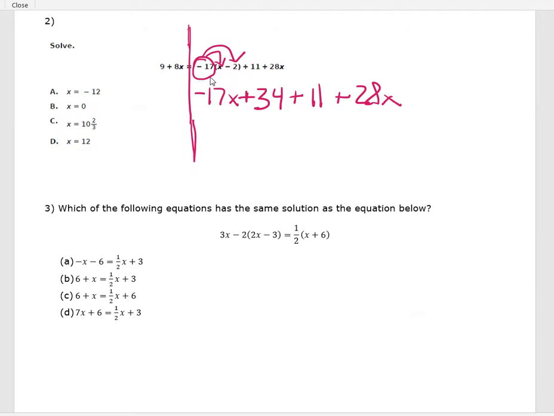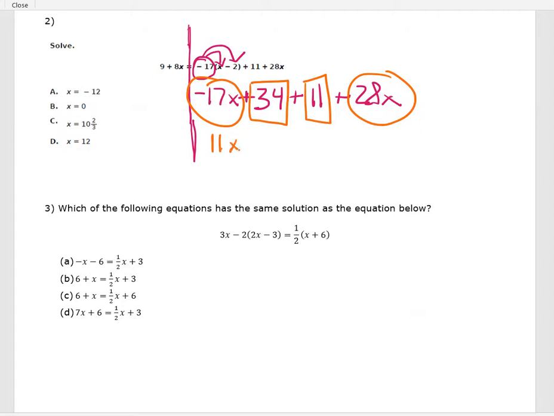I can combine my -17x and my 28x. And I can combine my 34 and my 11. So when I do -17x plus 28x, I should get 11x, and that's going to be positive.